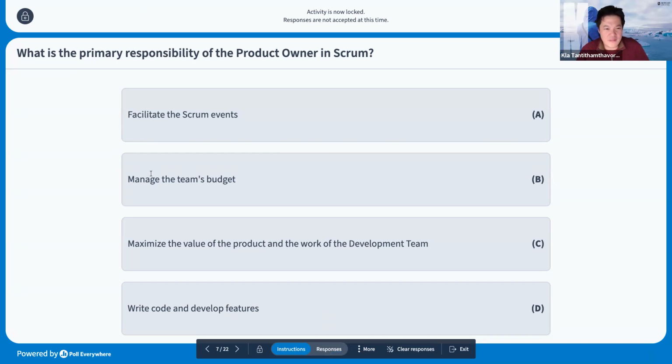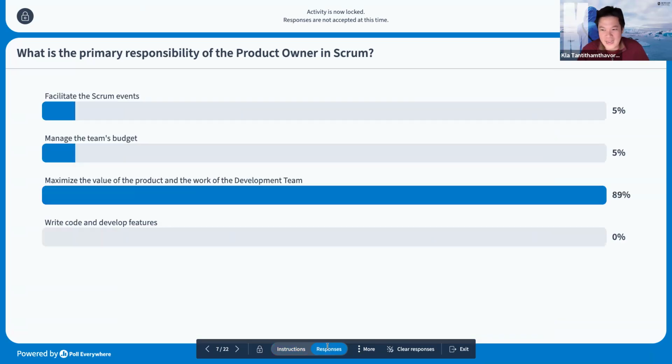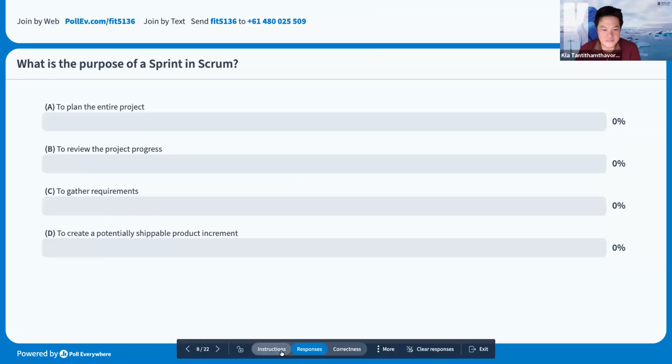Facilitate the Scrum events? No, that's the Scrum Master. Maximize the value of the product and the work of the development team. Yep, option C. There we go, 89%. Very good. The first choice is the role of the Scrum Master. Manage the team budget? No, not really. Write code and develop features? That's the software engineers. All right, good.